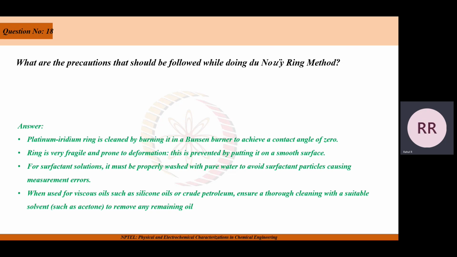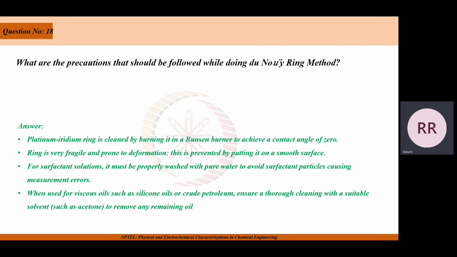After using a surfactant solution, it must be properly washed with pure water to avoid surfactant particles causing measurement errors. When used in viscous oils such as silicone oils or crude petroleum, make sure that a thorough cleaning with suitable solvents such as acetone is done to remove any remaining oil.